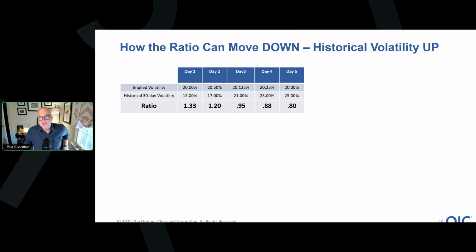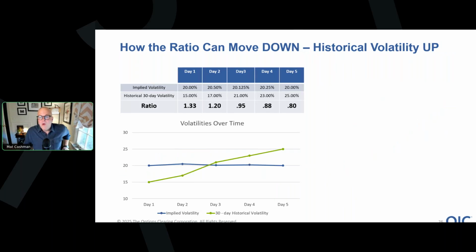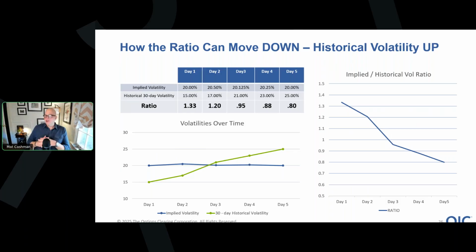And then you can also see the ratio move down when 30-day historical vol moves up and implied vol stays exactly the same. Some people, like I said, look at this and think, this is confusing. I don't really want to look at it this way, and that's fine.